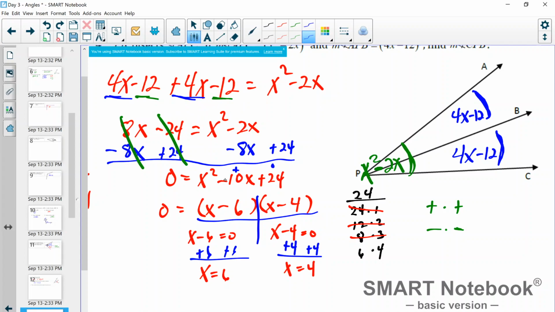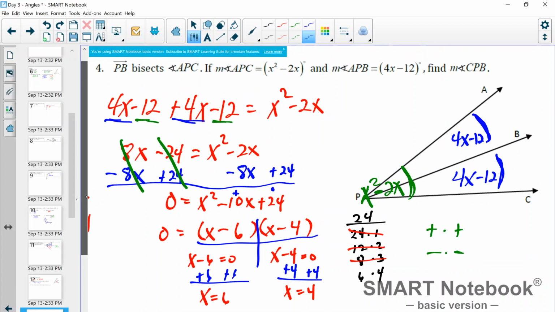So here I get 24 equals 24, so it works out. And if I plug in 4, I get 16 minus 8, so I get 8. If I plug in 4 over here, I get 16 and 16 makes 32, and if I subtract 24, I'm also going to get 8. So 8 equals 8. So both can be used freely.